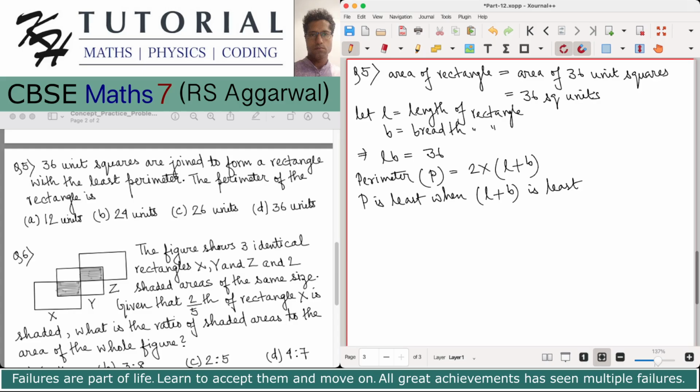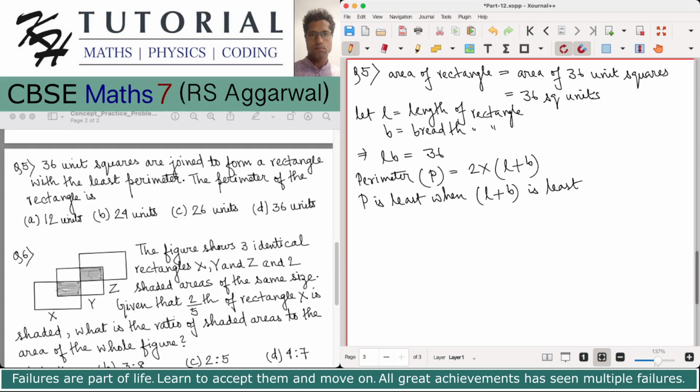Please see that all the values of the perimeter in the choices are natural numbers, so we have to choose the values of L and B as natural numbers, so that L into B is 36, but L plus B is minimum.